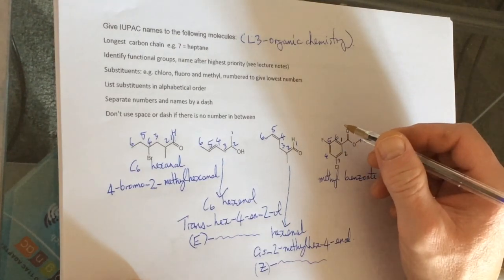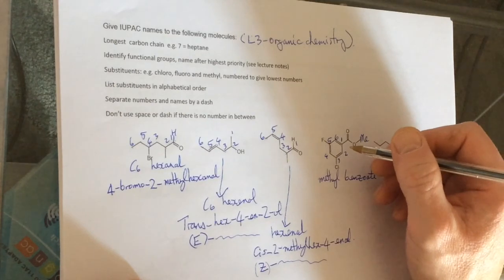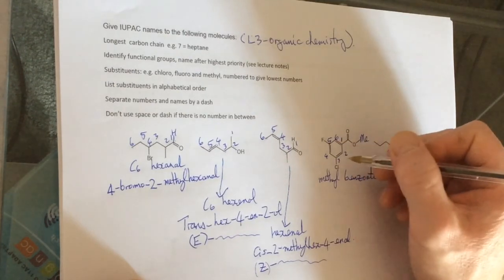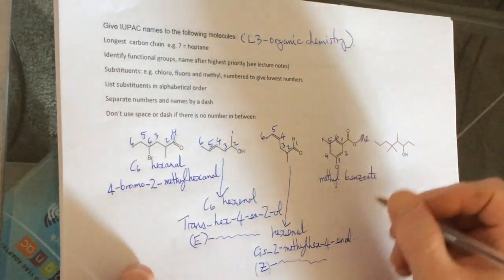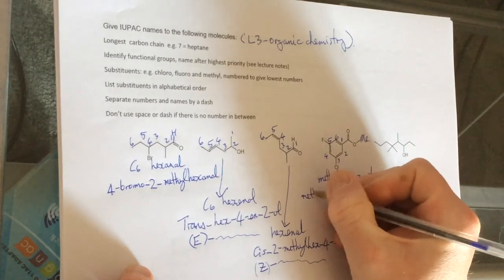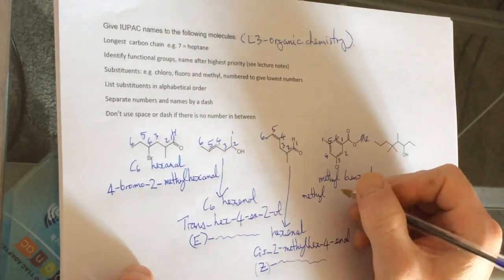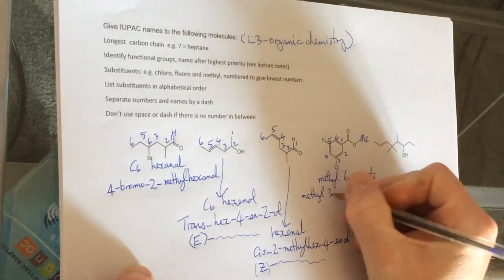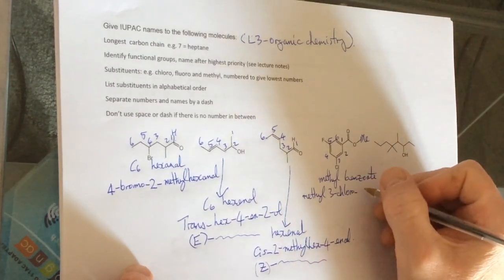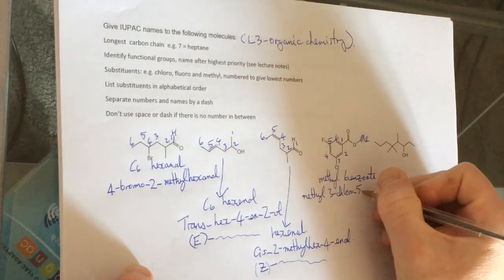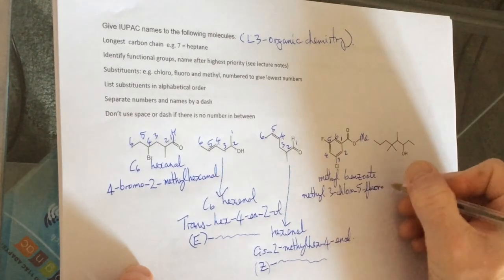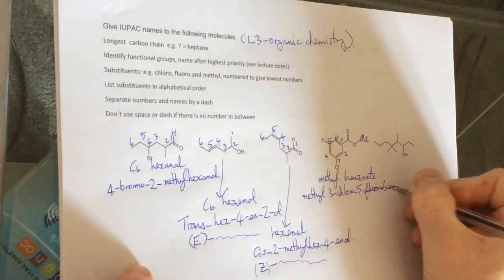But in this case, the one that's named first is chloro, so we'll call that 3 rather than 5. So the full name is methyl, then a gap, then 3-chloro-5-fluoro, and then we join that name onto benzoate.